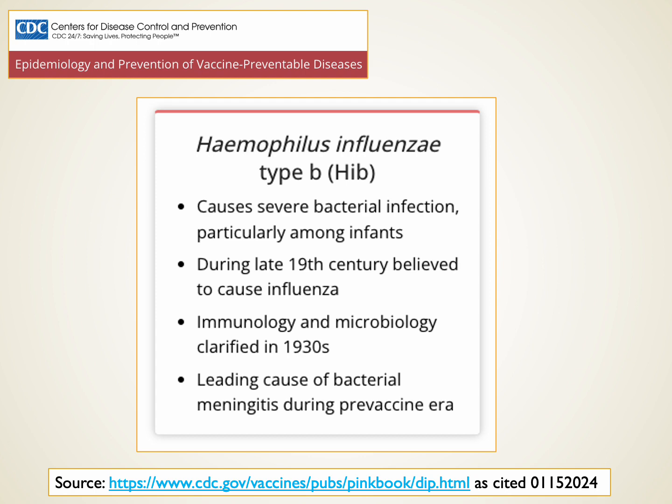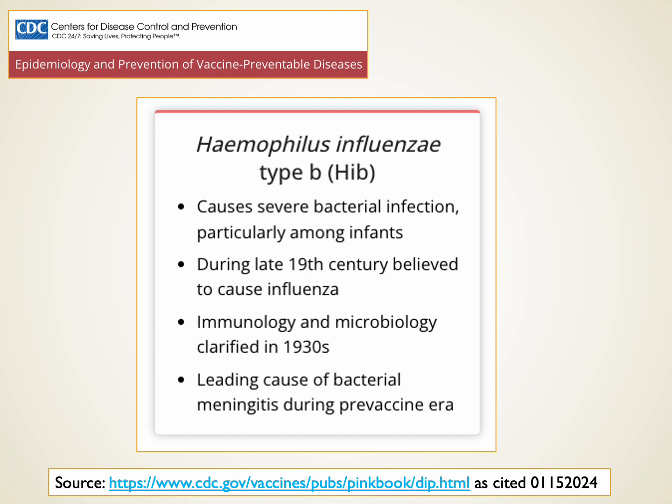So you want to be clear that the name sounds similar, but this is a bacterium. It got the name because there was a time when it was thought that this was influenza. It's not. But it's a pretty common cause of bacterial infections, both pulmonary but also meningitis.